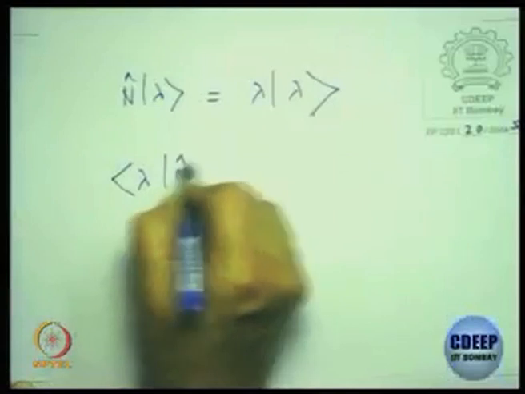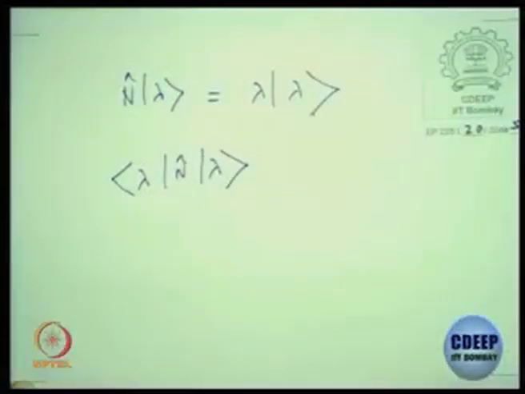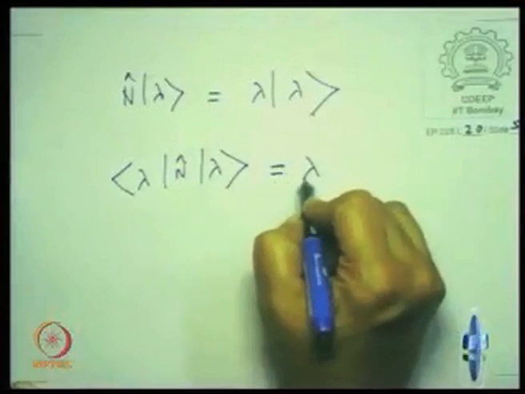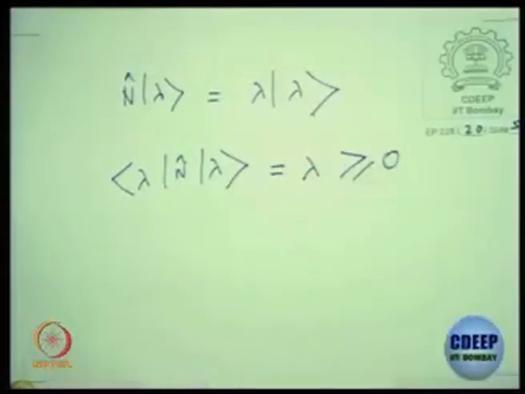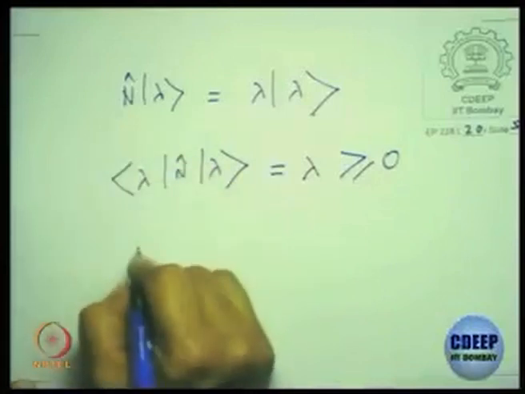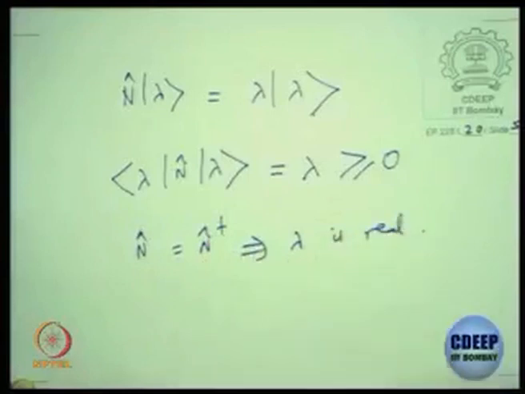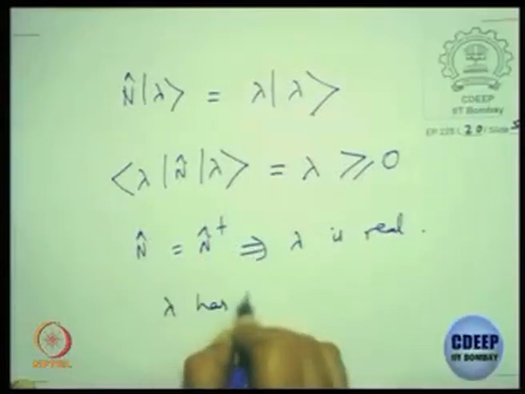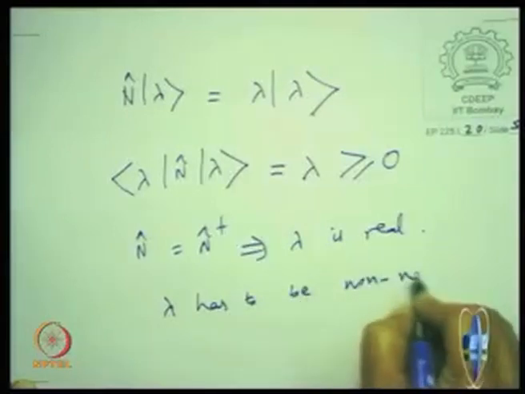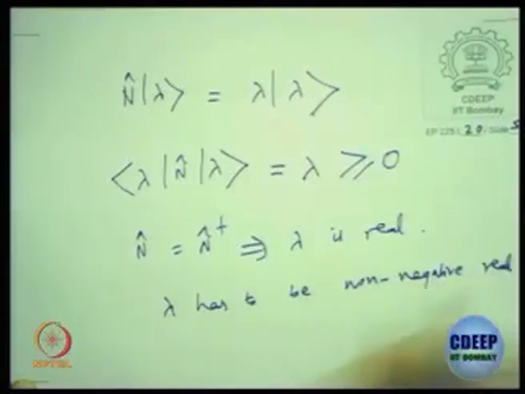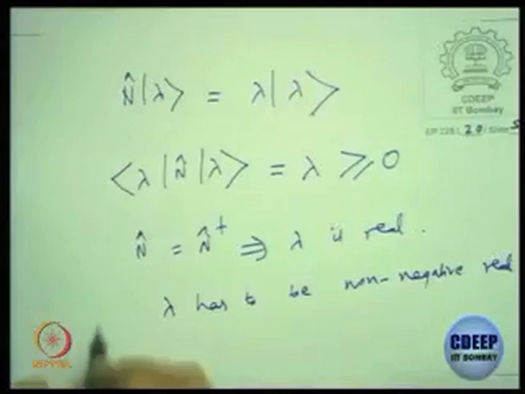So when I write n hat on lambda to be lambda times lambda, and find the expectation value of a particle in the state, this will give you lambda, and this has to be greater than or equal to 0, and n hat is Hermitian, which implies lambda is real. So lambda has to be a non-negative real eigenvalue.